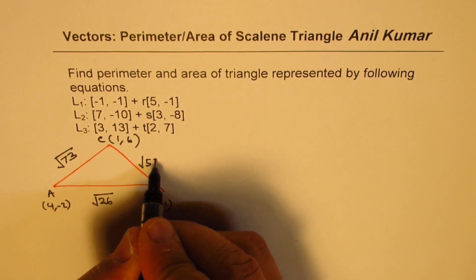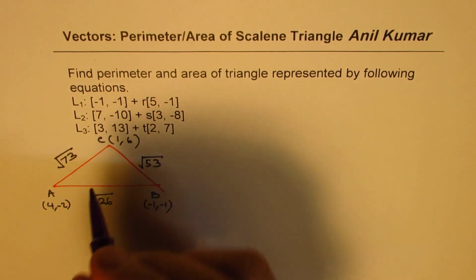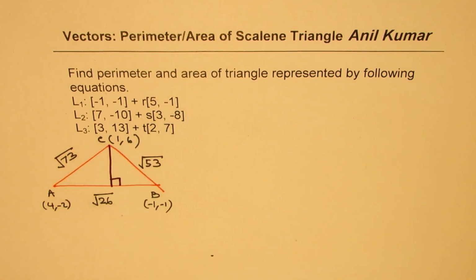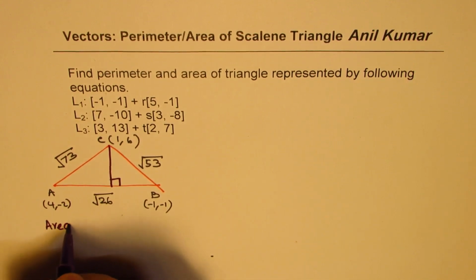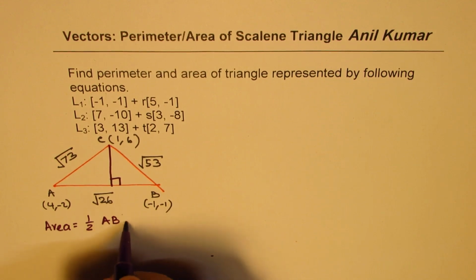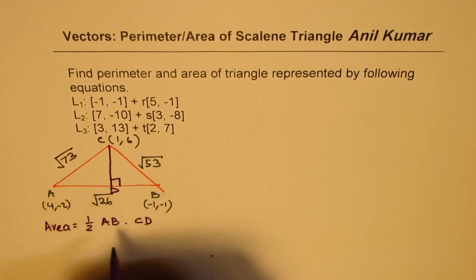Now to find the area we need to drop a perpendicular from C to AB. Now area is equal to half base, which is, let's say, AB, times, let's say this point is D, CD, the altitude, right?